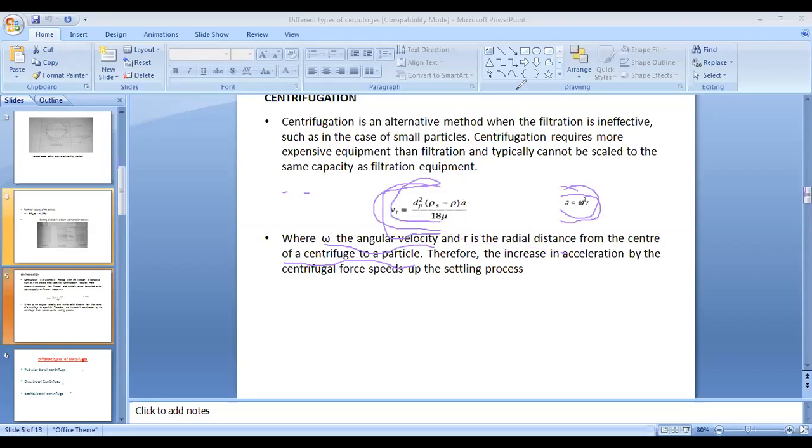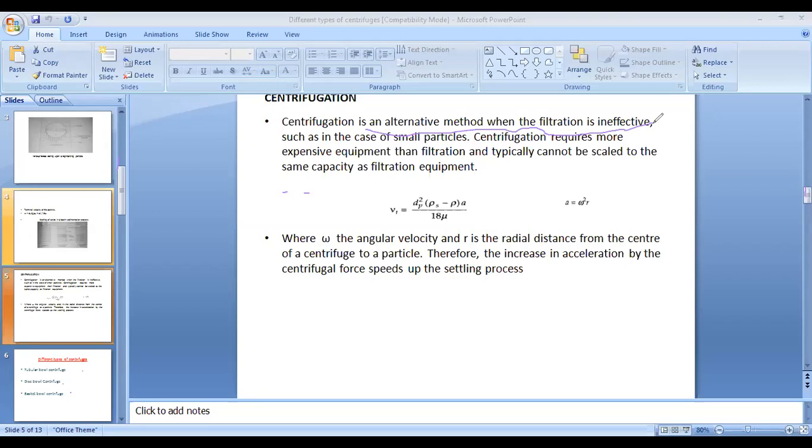I think you already know about centrifugation, but the principle is the separation of solid and liquid. Centrifugation is an alternative method when filtration is ineffective. We can separate solids from a liquid by filtration, but if you want to separate solids which are not separated by filtration, at that time we use centrifugation.